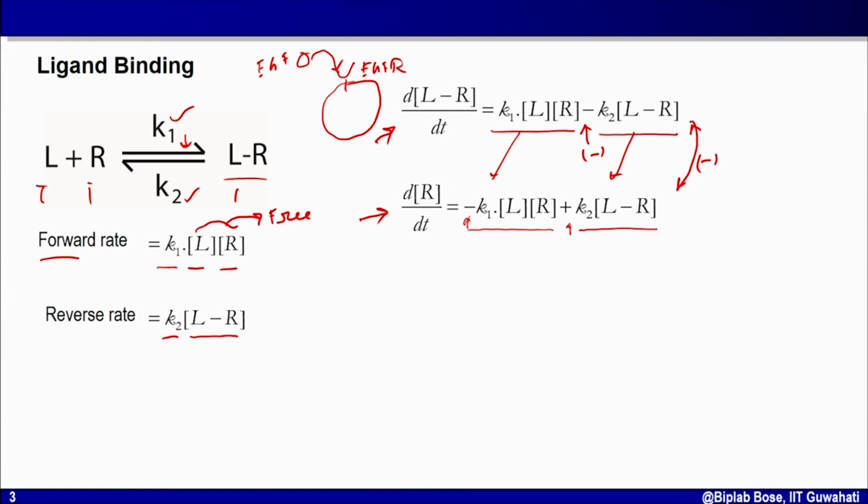As the stoichiometry of this reaction I have shown here is 1:1, one ligand is binding to one receptor, so the ODE for the ligand will be also exactly same as that of the receptor.